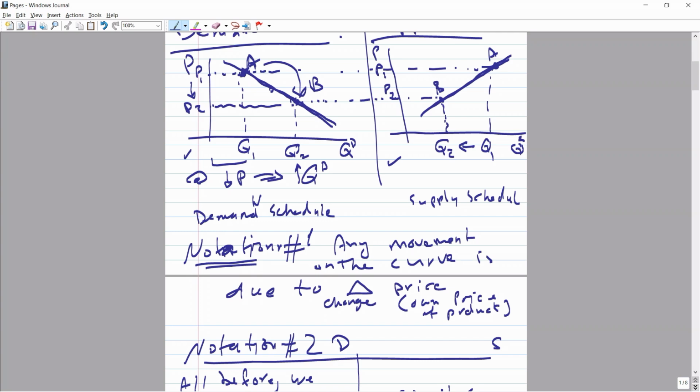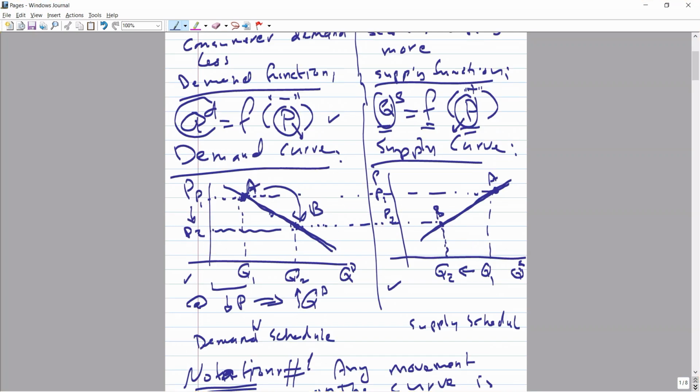Notation number one relates to the fact that any movement of the choices on the demand curve is related only to the impact of the price, the own price of the product. This is also true in the supply side. So any movement on the curve is because of the change in the price.